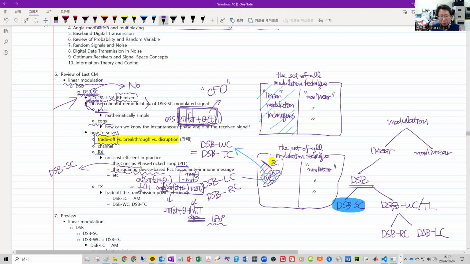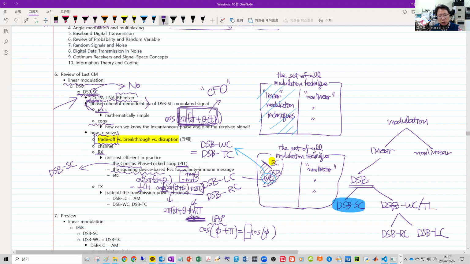In that case, this polarity change, because cosine of something plus pi gives you negative cosine, doesn't matter. So that's why in some receivers for DSB-SC, they use the squaring device based phase lock loop.